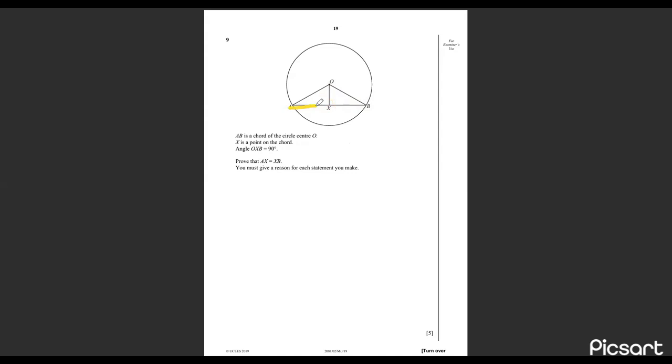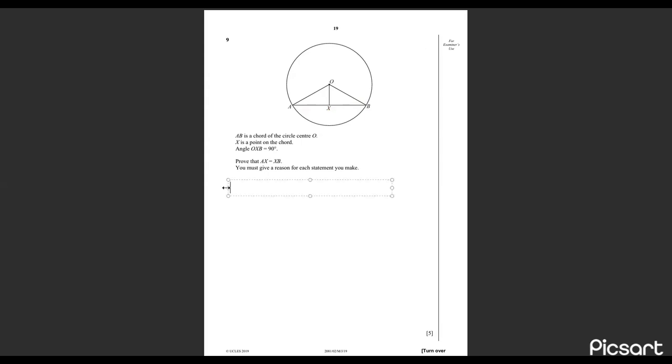Here we have AX equal XB, which means X is a midpoint. You must give a reason. Prove that AX equals XB. So here we have a radius, and here we have a radius, and here we have a shared point. So we start to prove this.